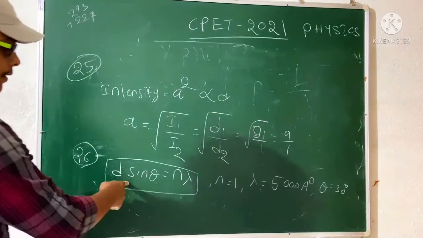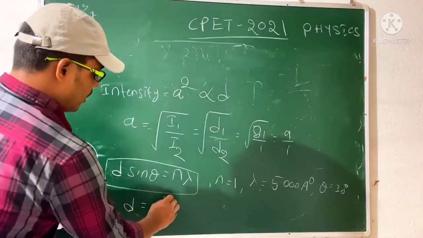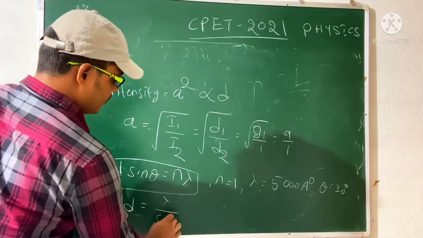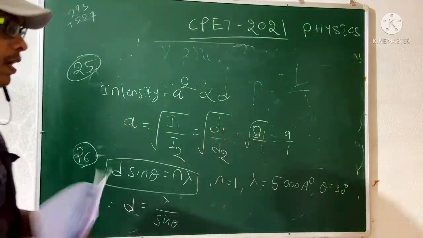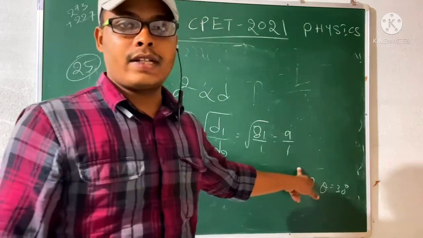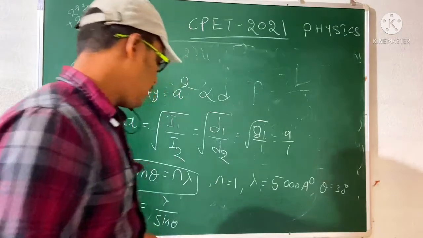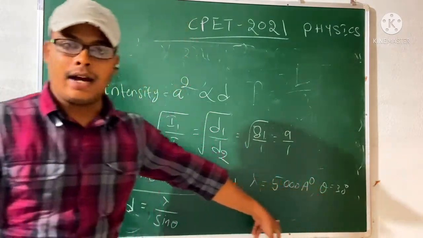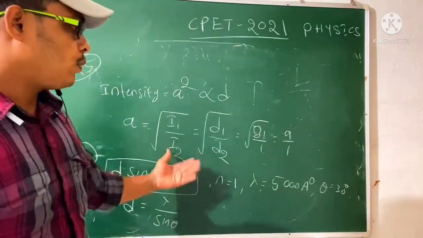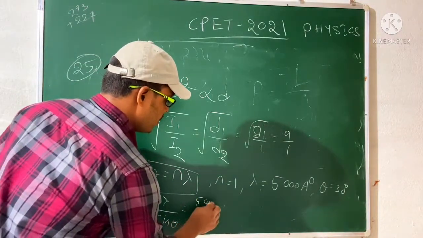So now we can find the width. D is nothing but lambda by sin theta. Lambda is given as 5000 angstrom. Change this angstrom. What is angstrom? 10 to the power minus 10 meter. Now sin 30, what is sin 30? This is half.